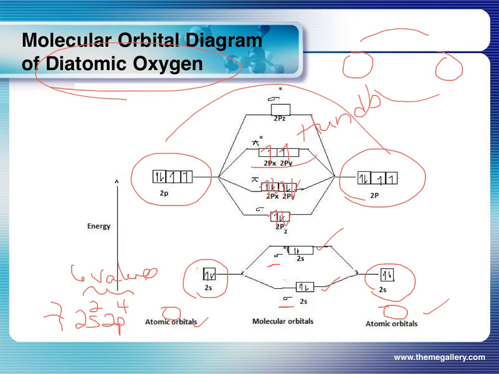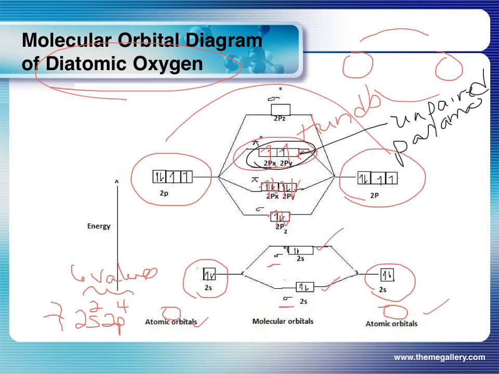You cannot pair electrons in equal energy orbitals until each of these orbitals has at least one electron. So now we see that molecular oxygen has unpaired electrons. That's what makes it paramagnetic. It interacts with a magnet. And molecular orbital theory, again, is the only bonding theory that explains it.